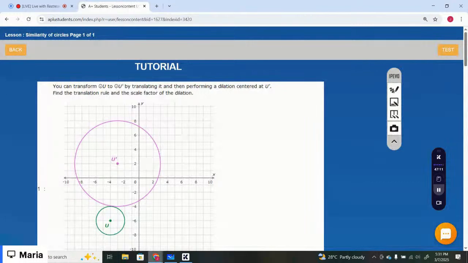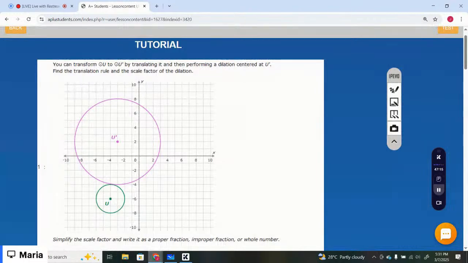You can transform U to U dash by translating it and then performing a dilation centered at U dash. So you have to find a translation rule and scale factor.